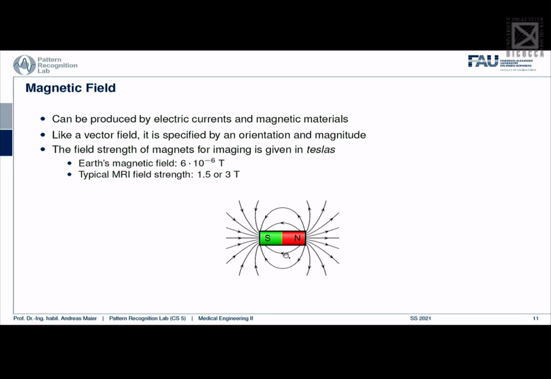So if you have a magnet, the magnetic field around it will behave this way. The unit of measure is the Tesla, and the Earth's magnetic field, which is enough to turn the compass, is in this unit 6×10⁻⁶.